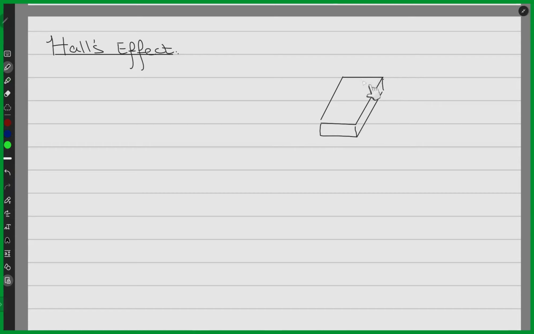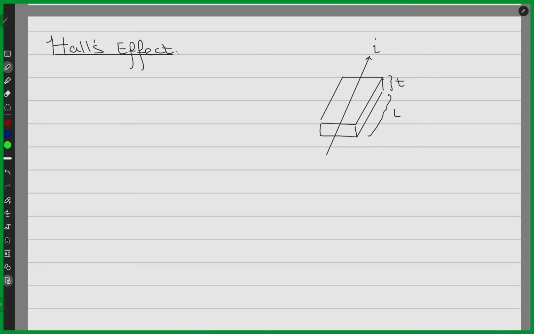Let's say that this is the thickness of the conductor, T. There is some current that flows through the conductor. Let's suppose that it flows in this way. So this is the current I, and this is the length L of the conductor. Let's use capital L.